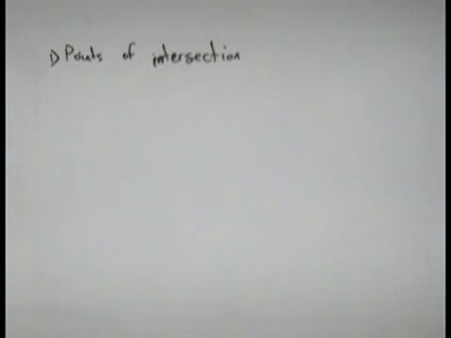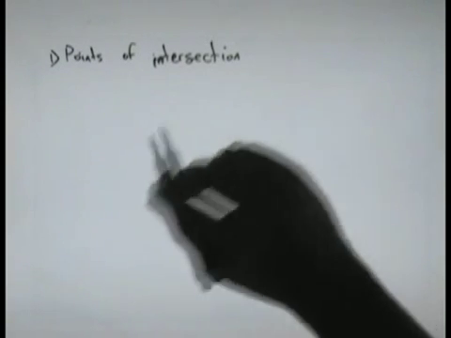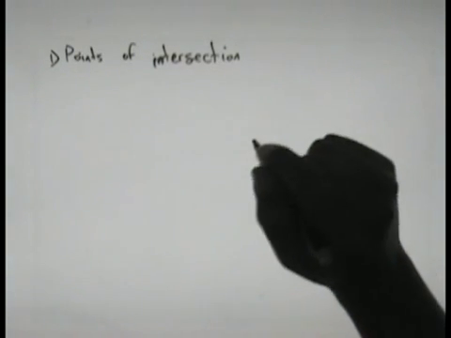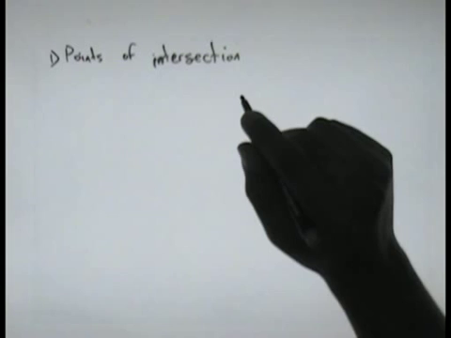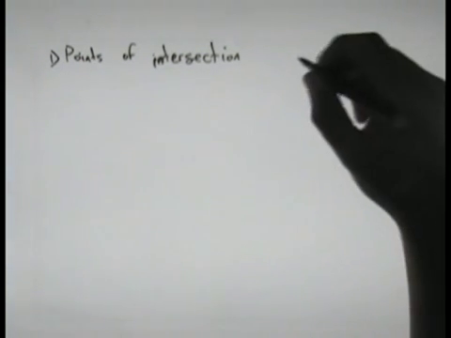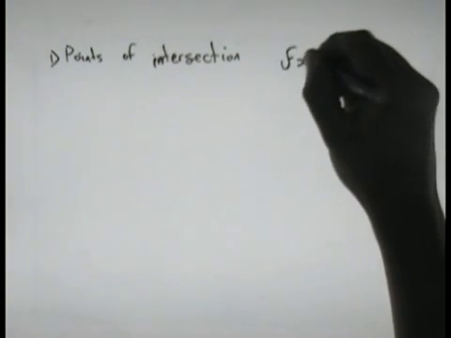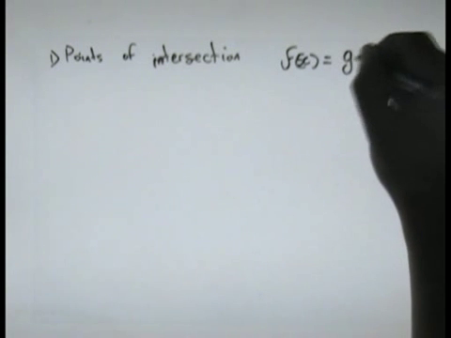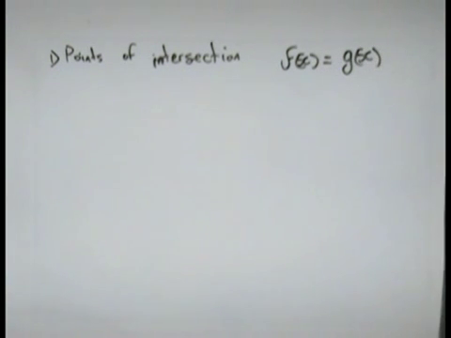We are now going to look at our graph, and we are going to find the points of intersection. Unfortunately, it's very difficult to do that accurately by inspection. We are going to have to do that by calculation. Now look at your graph carefully. Wouldn't the points of intersection be when f of x is equal to g of x?